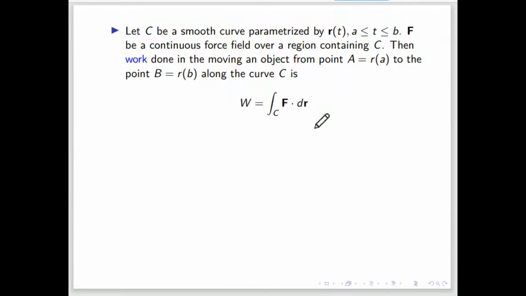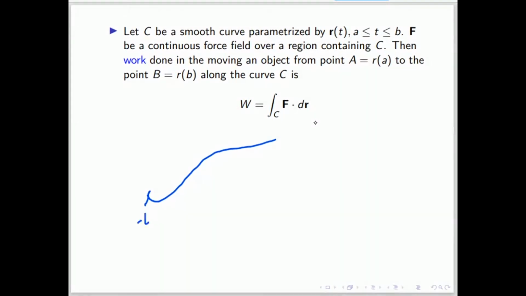So suppose C is this curve. This is t equal to A in the parametric form. This is t equal to B. Once you run from t equal to A to B, the particle will move along the curve C, and r is a parametric representation of this curve.